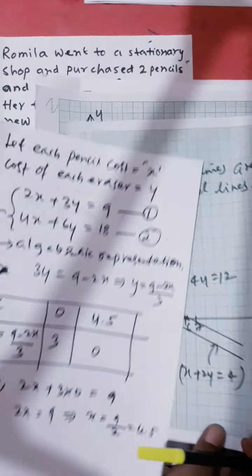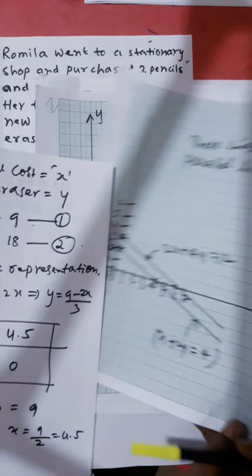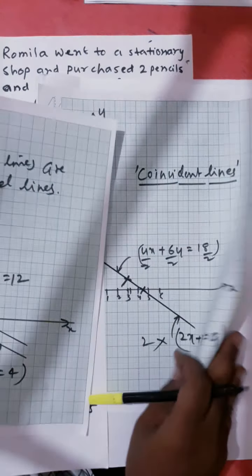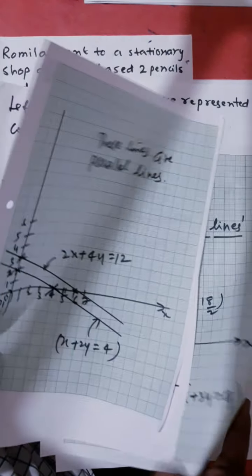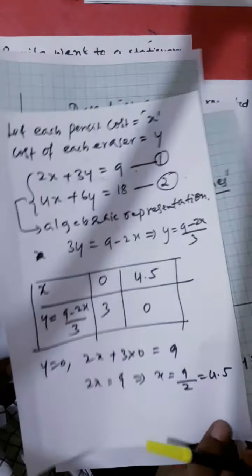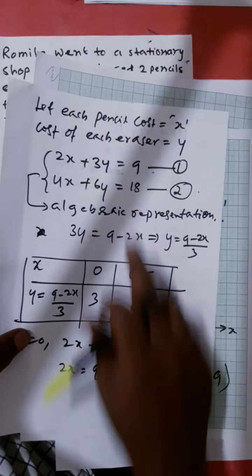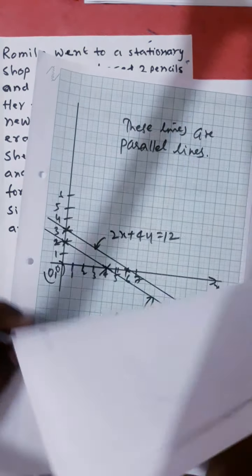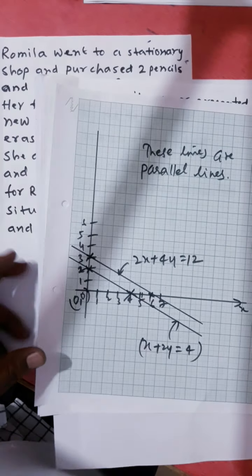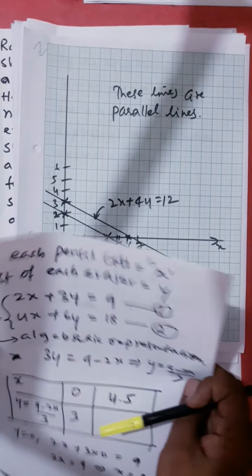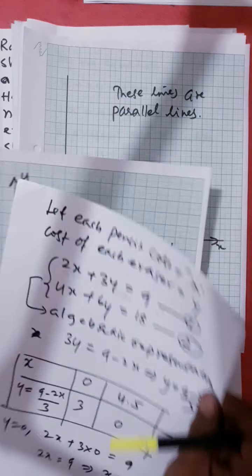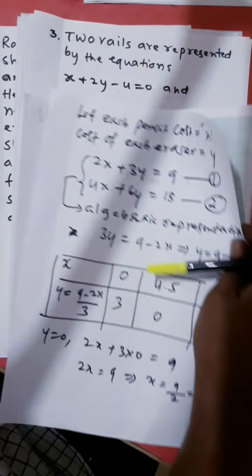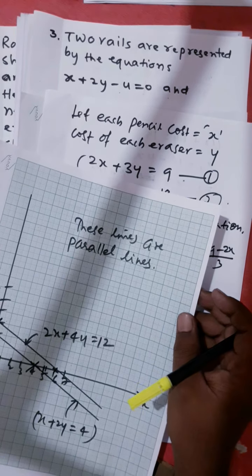Then in the next example we studied two more examples. This is the parallel lines equation. This is the coincident lines equation. These two lines are observed to be coincident to each other. For the cost of pencils and erasers, we observed parallel lines.